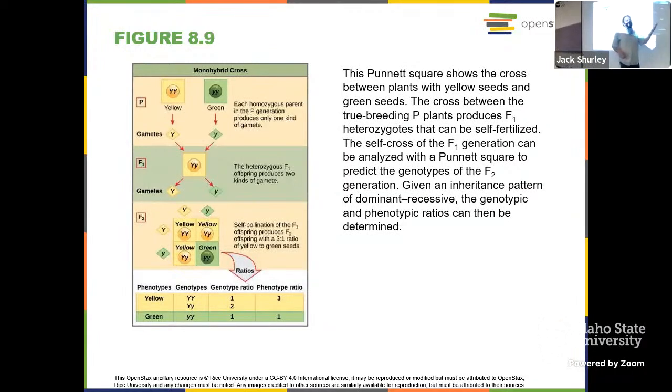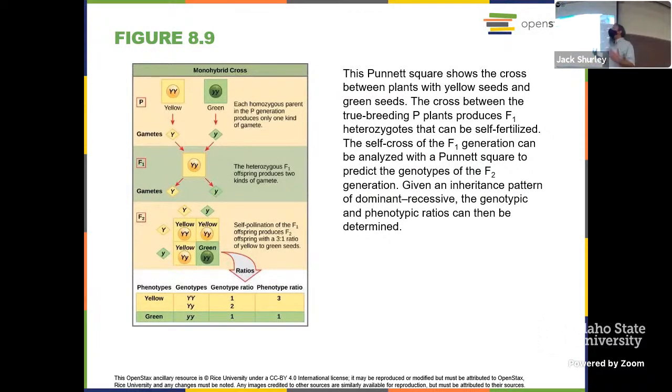One dominant or capital letter and one recessive, and the dominant masks the recessive condition. That happens when we think about Mendelian inheritance, when we think about dominant and recessive characteristics. Not everything follows this pattern, and we'll hit that in the next couple of slides.